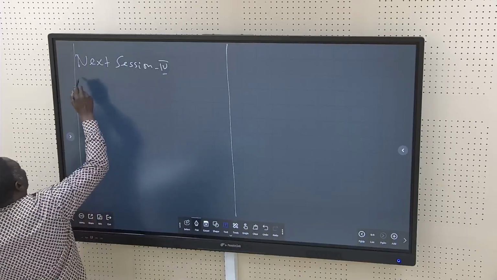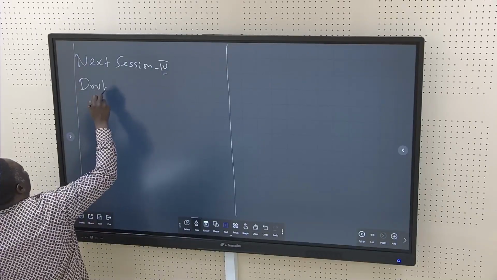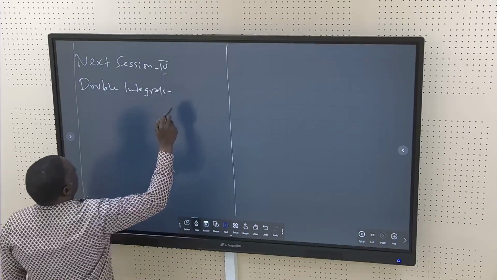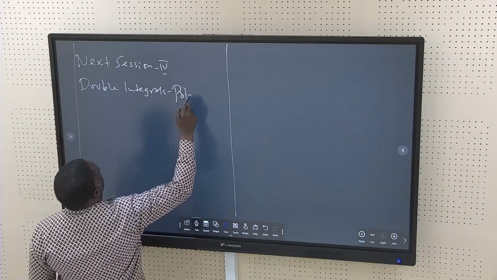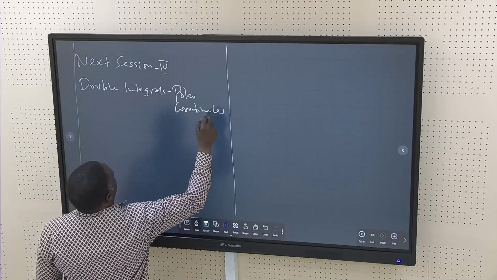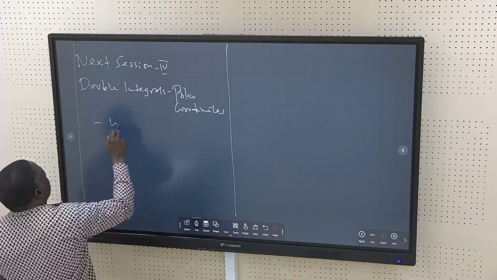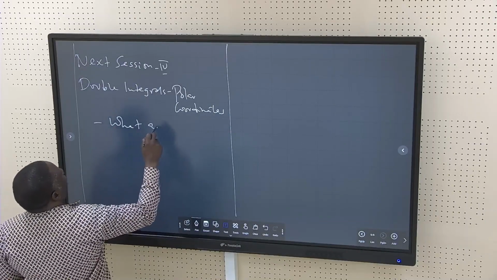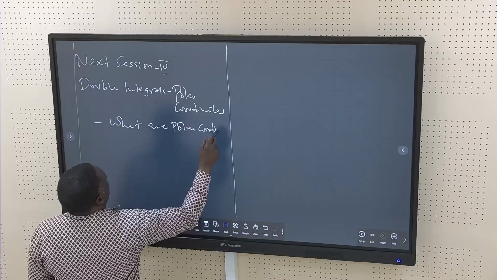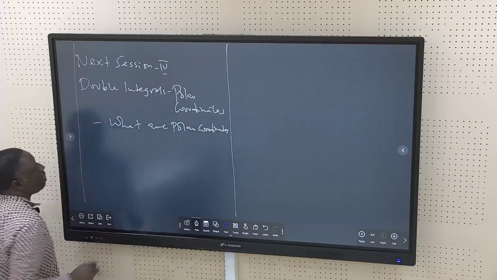we will study double integrals in polar coordinates. So we'll discuss what polar coordinates are.